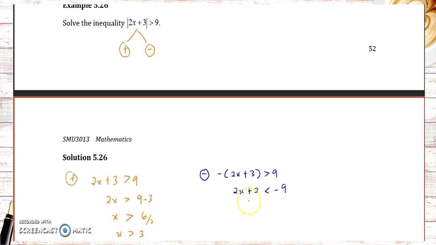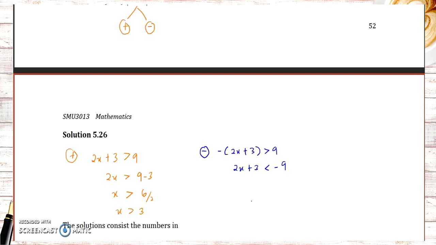Now, we eliminate 3 and 2 from the left hand side, we do one by one. We have 2x less than negative 9 minus 3 and x less than negative 12 over 2. Therefore, x less than negative 6.